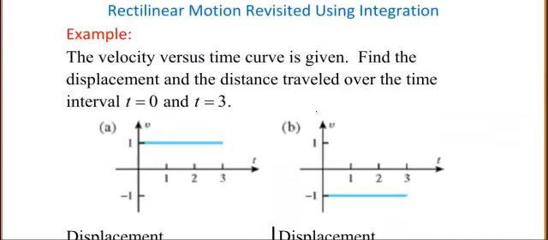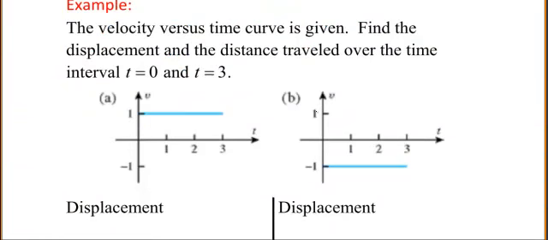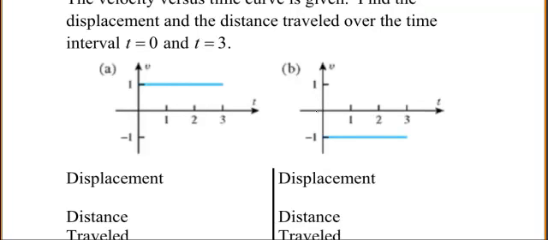All right, let's take a look at this. Suppose we have this velocity function. Find the displacement and the distance on the interval from t equals 0 to t equals 3. In this case the velocity is positive, so the distance and the displacement are going to be the same.